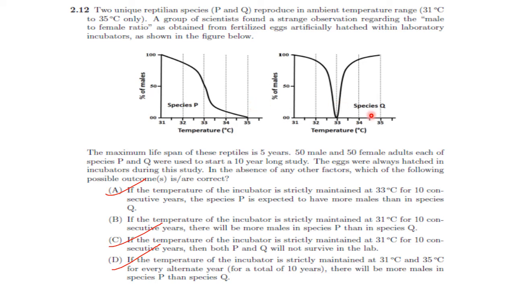Here only 100% males are present, there are no females. So at this particular temperature, there will be more male species of P than species Q, because in Q no reproduction is taking place. So the answer is option A, C and D are correct.